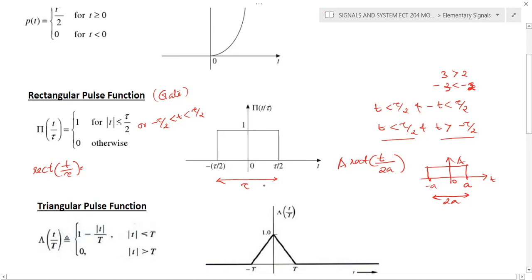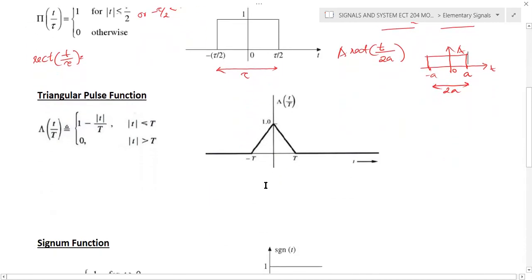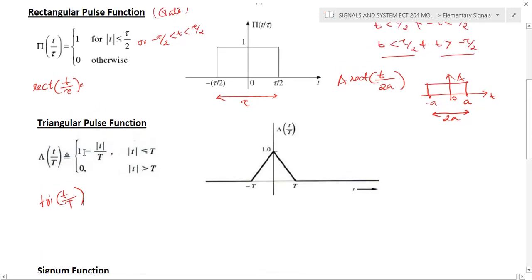Now we'll discuss the triangular function. The triangle function is also written like this, tri of t by T. And a very important point here: when you compare with the rectangular pulse, we are giving the total width, but in the case of triangular, this T is given as the half width, or one side.